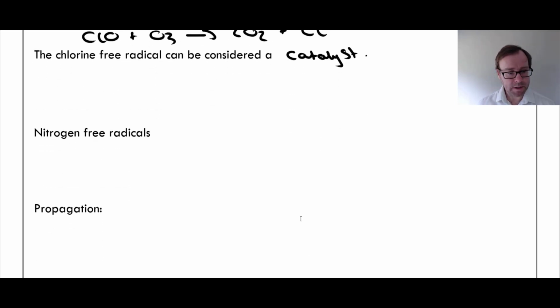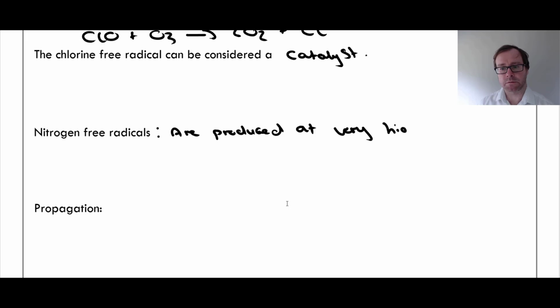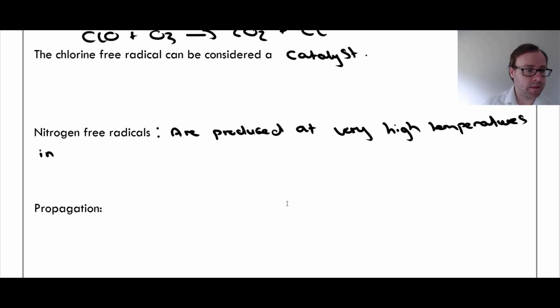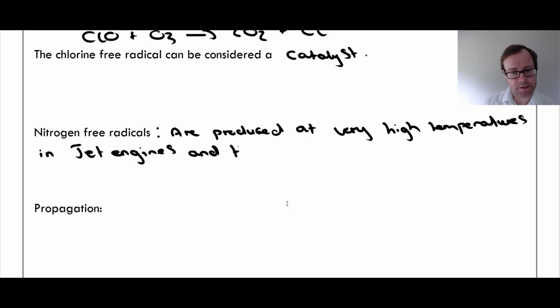Okay, nitrogen free radicals. So how do we get these nitrogen free radicals? So nitrogen free radicals are produced at very high temperatures in jet engines, so planes, and thunderstorms.